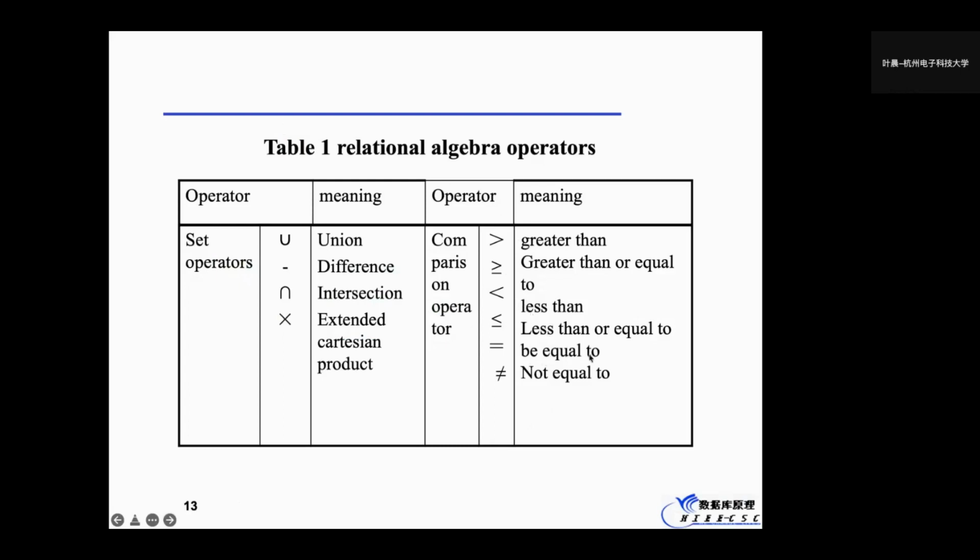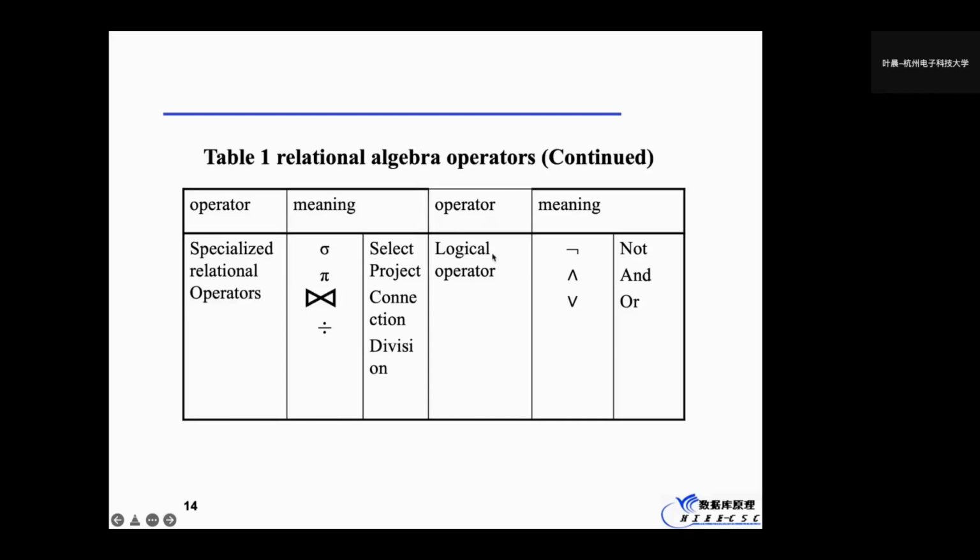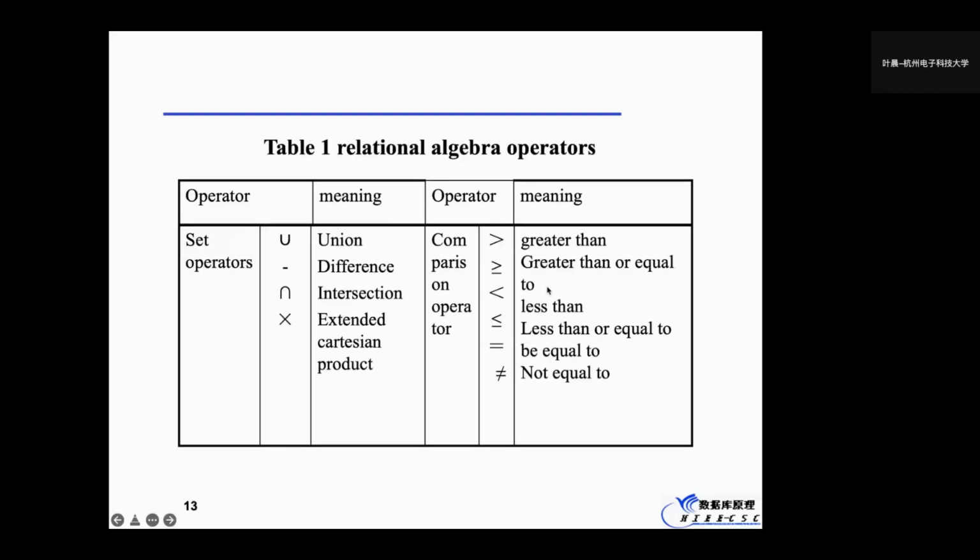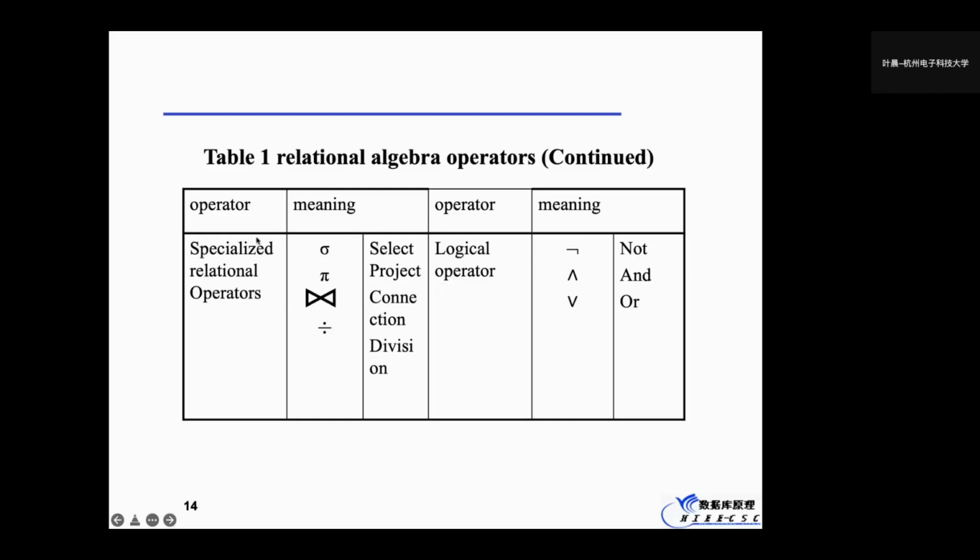And we have the logical operator, which is not, and, or. And we also have two sets of operators, which we call set operators and the specialized relational operators, which are also used in this relational algebra.